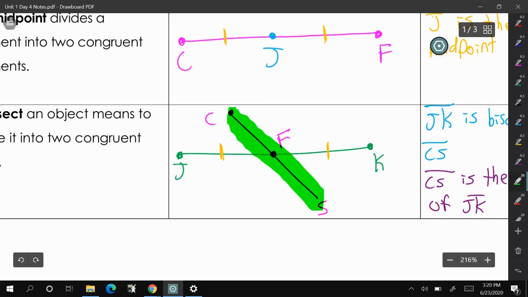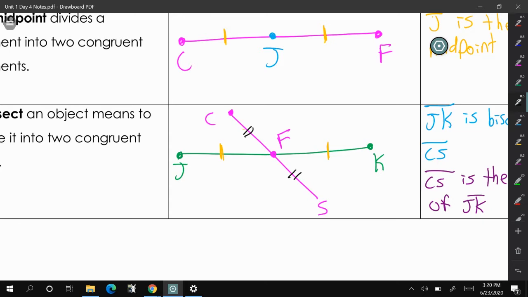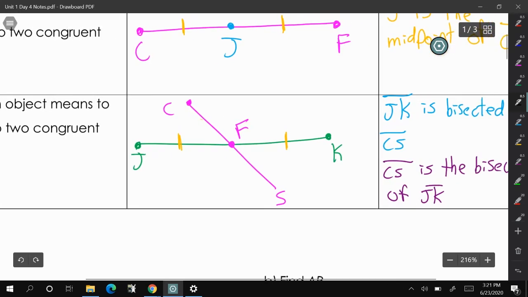The only way we would know that is if we had more tick marks there. That would tell us that CS is also bisected. But that's not what I was drawing, and that's not what I have written over here to the right. So we only know that JK is bisected by segment CS.